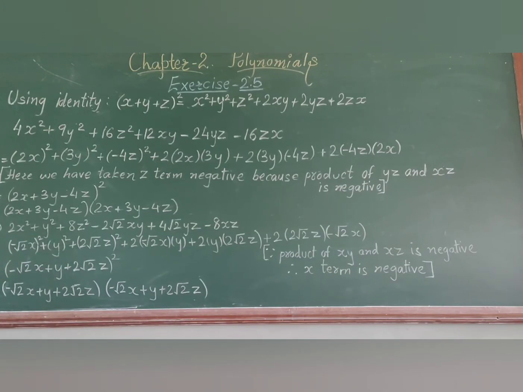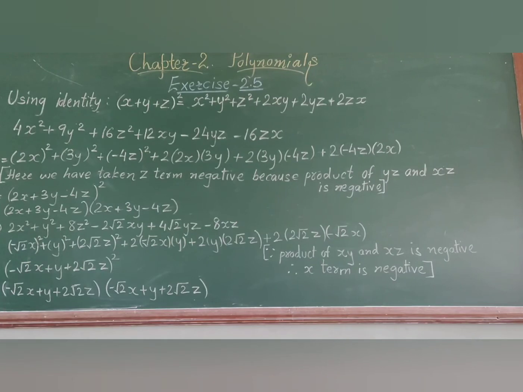So the factorization of the given expanded form is (minus under root 2x plus y plus 2 under root 2z) whole square. We can write it as trinomial multiplied by trinomial: (minus under root 2x plus y plus 2 under root 2z) into (minus under root 2x plus y plus 2 under root 2z).